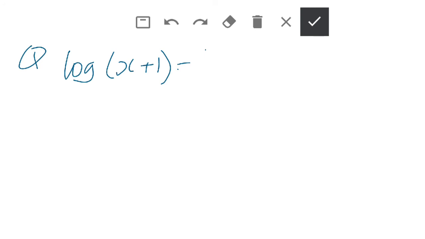And one more question. You're supposed to simplify the following. The log x plus 1 minus log x squared minus 1. You may want to try that out.